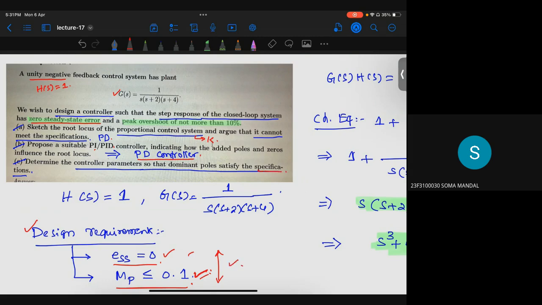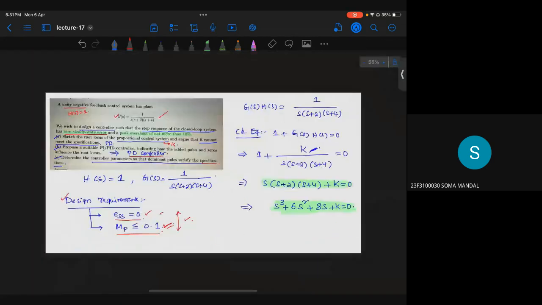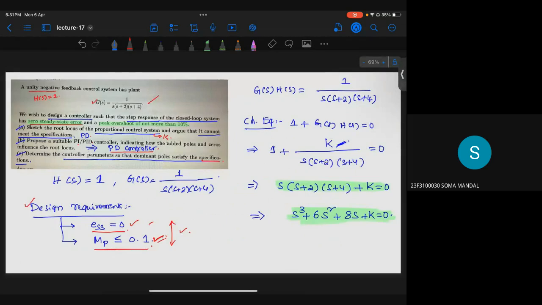Is this question clear? We have this plant and we are going for the closed loop system. How does the closed loop system look like?